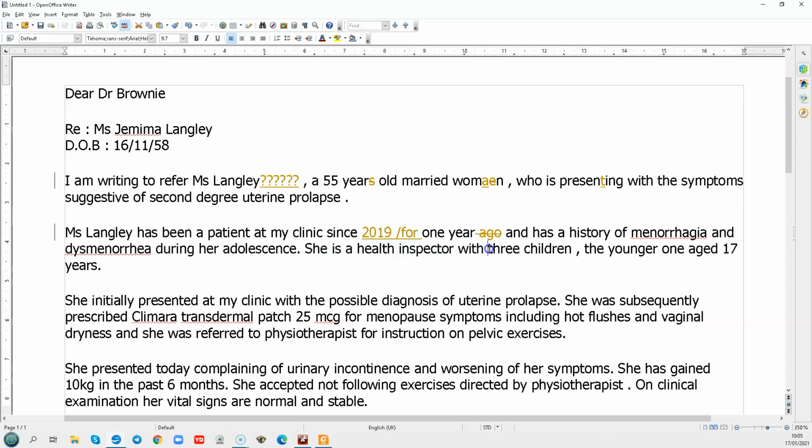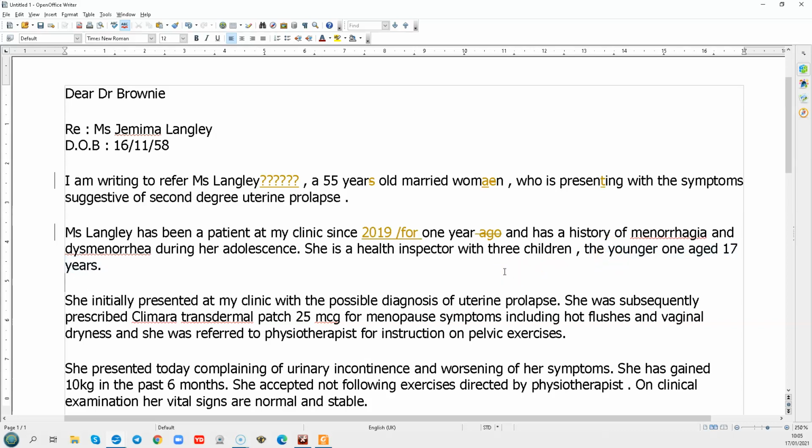With 3 children. Okay. Maybe that might be relevant to uterine prolapse. The younger one is 17, so it was 17 years ago that she had a kid. So we've got something that happened possibly 40 years ago. And the last time that she gave birth was 17 years ago.